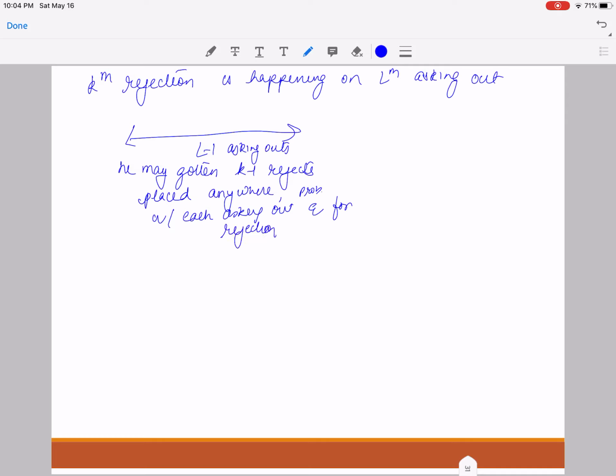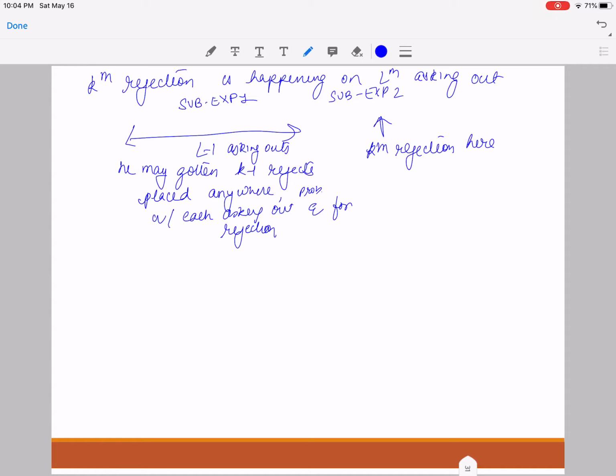So this can be considered as your sub-experiment number 1. He asks Penny out L minus 1 times, in which he gets K minus 1 rejects anywhere. So think about what random variable you can use in this case. That's sub-experiment number 1. Then sub-experiment number 2 would be to get the final rejection here, his Kth rejection here.